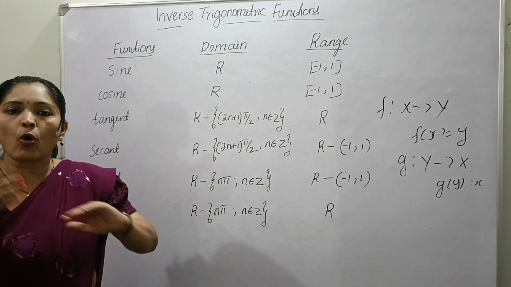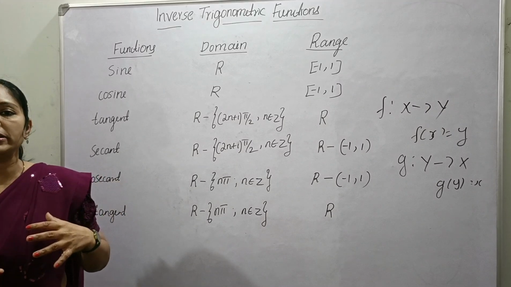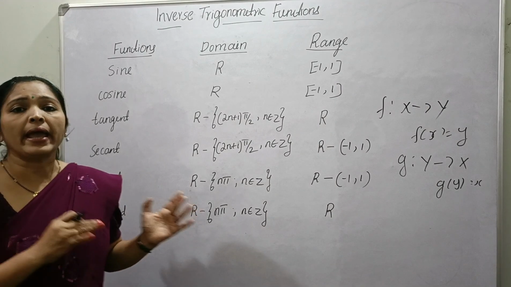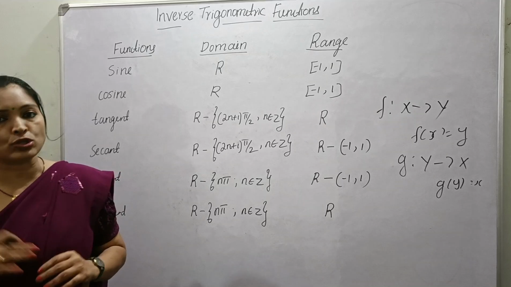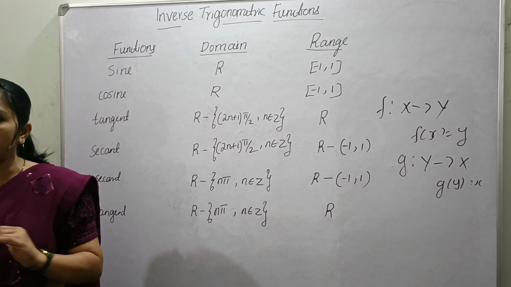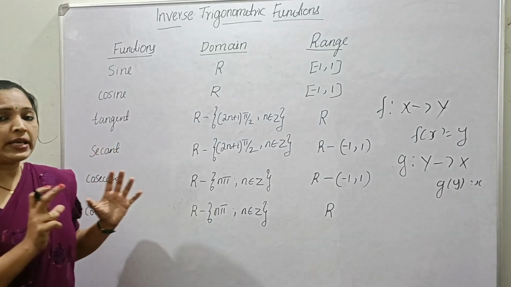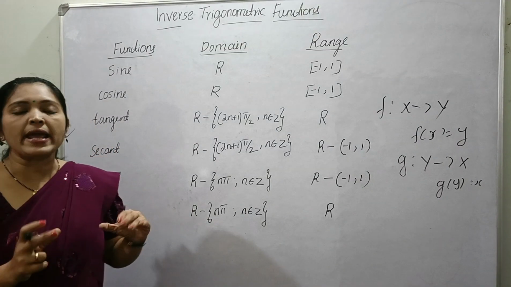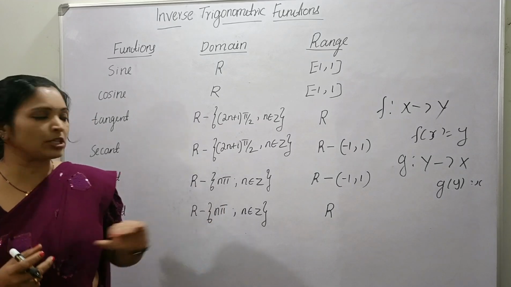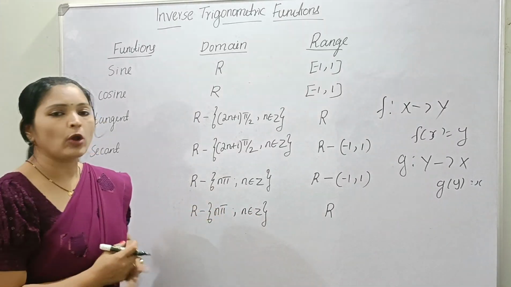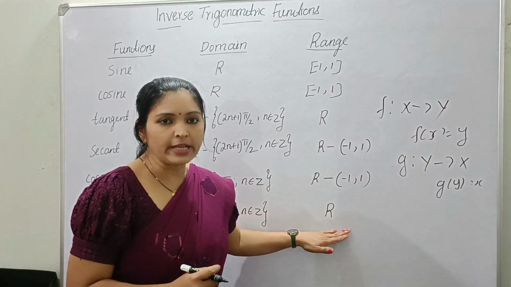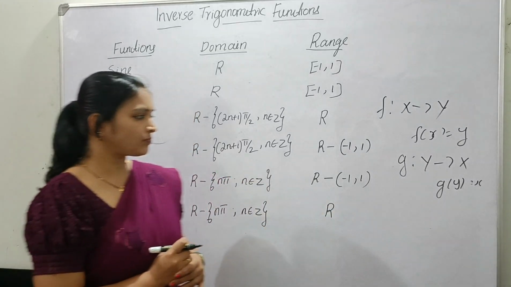Cotangent is the ratio of cos and sine, so the denominator is the sine function, and sine nπ is 0, n belongs to Z: sine π, sine 2π, sine 3π and so on. Therefore the cotangent domain is the set of real numbers except nπ, n belongs to Z, and its range is the set of real numbers.